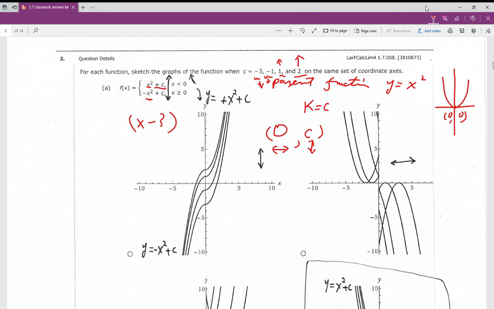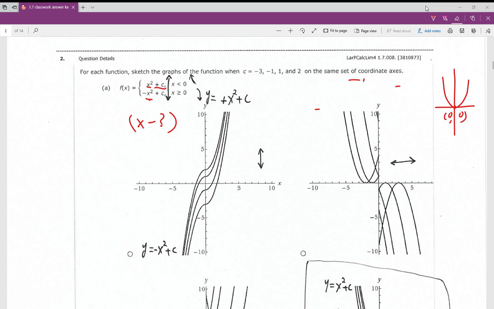But this question is harder to graph. Why is that? Let me erase this one. So all you understand, you keep in mind. I will just save the parent graph here. Now shift up, down, left, right, not too hard. But you want to pay attention, this is a step function.